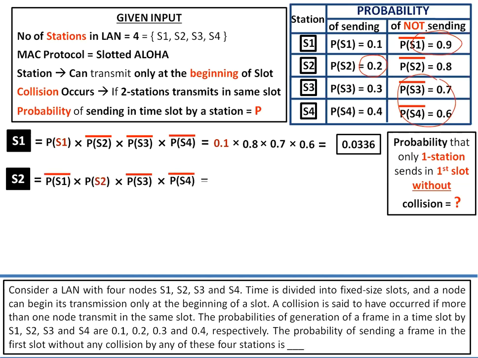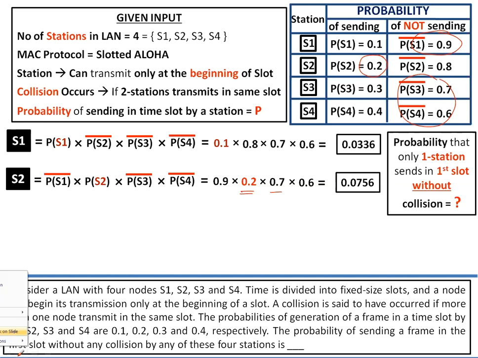Still the not-sending probability for the others. Sending probability for this station, others are not sending. This will be 0.0756.